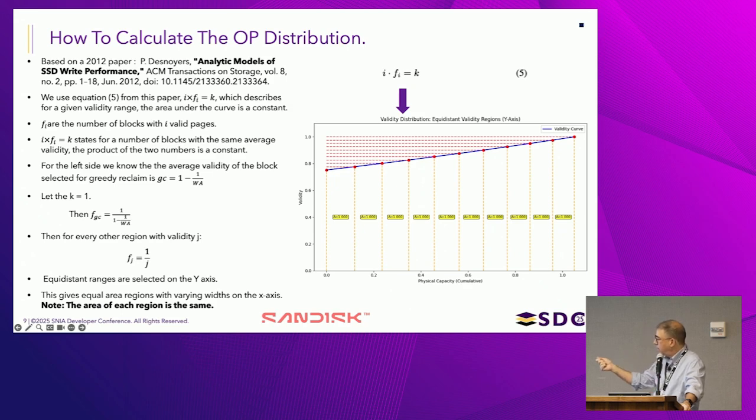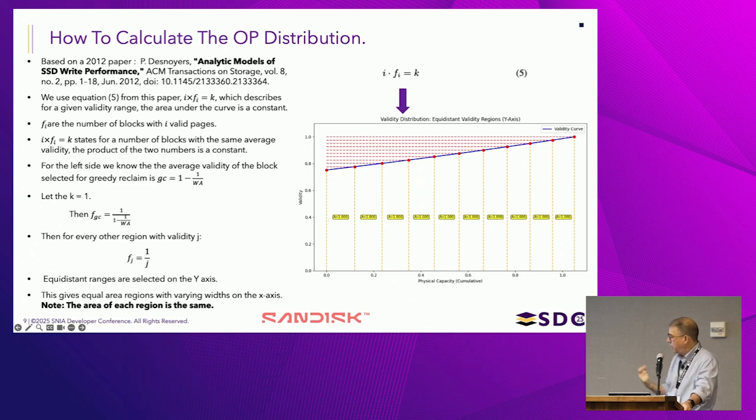So what you can see here is the area underneath the curve for each of these regions is constant. But because the validity of each region is different, you can see that the width of each of these regions is changing slightly.